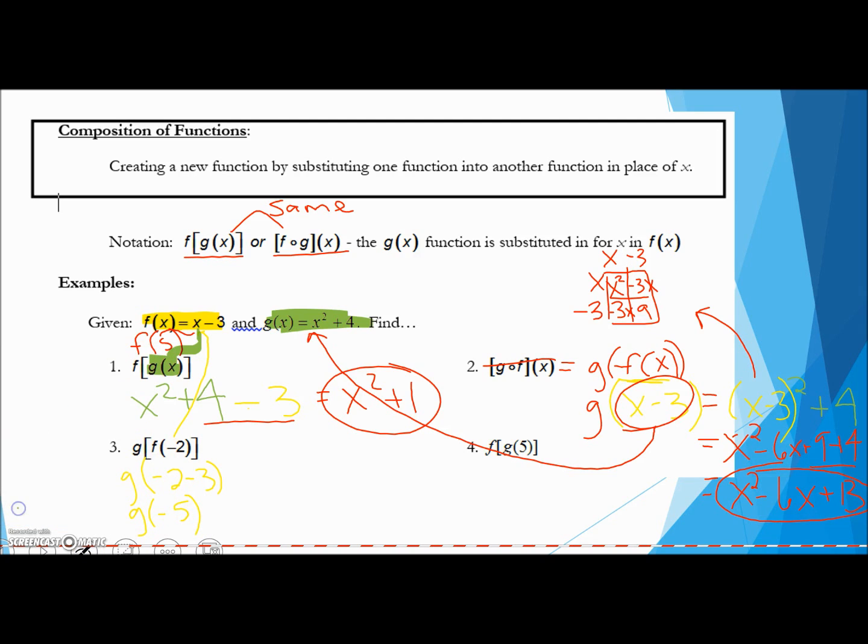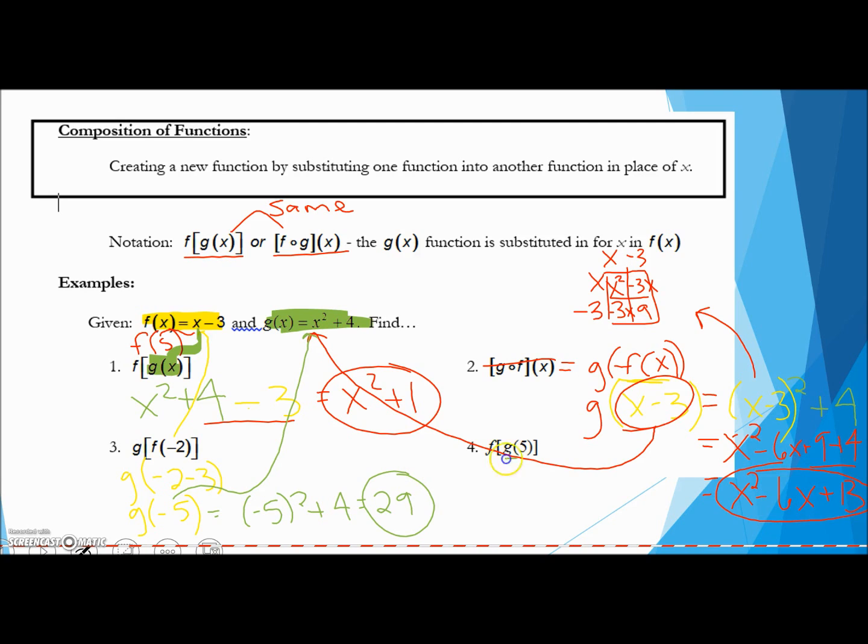Now I'm going to take that negative 5 and plug it into the g function. So I'm going to do negative 5 squared plus 4. Again, you can use your calculator or you can just use your brain. You would get 29 if you did that. And that's my final answer. That negative 5 that I got first isn't the final answer because then you have to plug it into the g function.